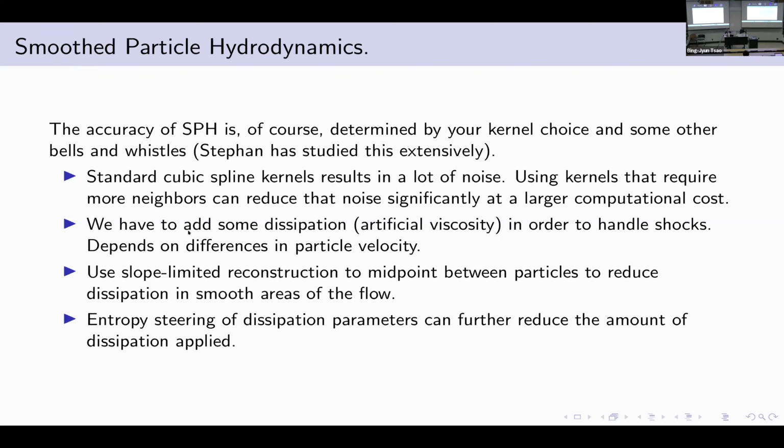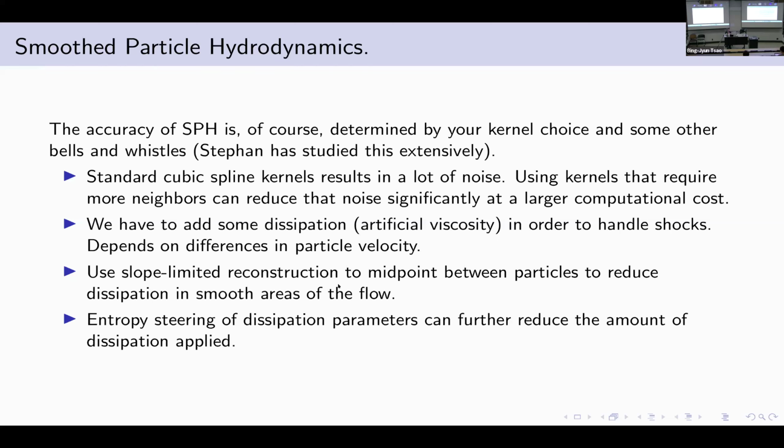You do have to add some dissipation or artificial viscosity in order to handle shocks, and this depends on differences in particle velocity. If you look at particle A and particle B, you can look at the difference in velocities, and that will give you some amount of dissipation.